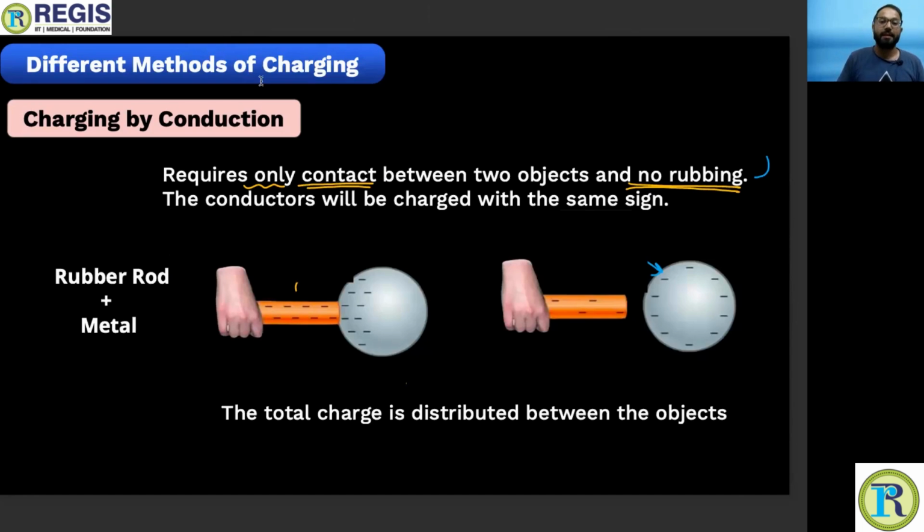Okay, so charging by conduction requires only contact between two objects. There is no rubbing; rubbing is not required for conduction.